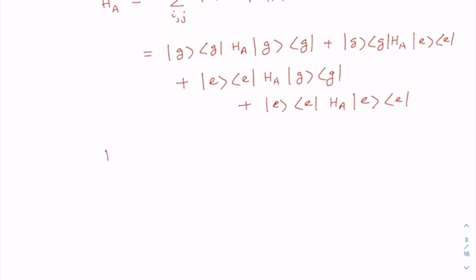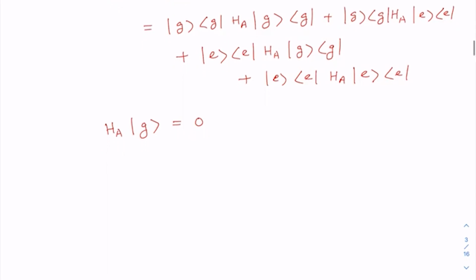Now we have this eigenvalue equation. When the atomic Hamiltonian operates on the ground state, we are going to get zero energy, and if the atomic operator operates on the excited state, it will pop out energy h cross omega 0.